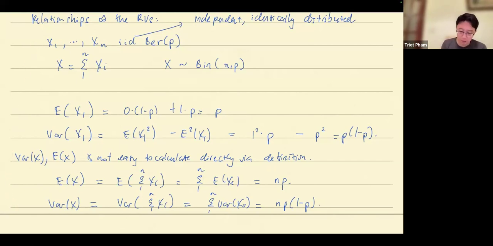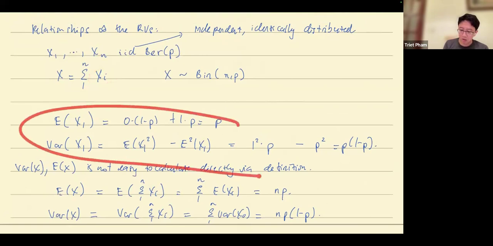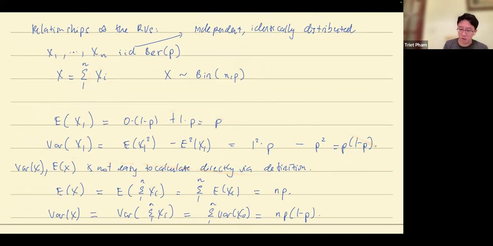And this approach is not only valid for this particular pair, it's valid for many, many cases. This is an example of something we call counting by indicator function. So basically, to work with a complex random variable, you break it down into smaller random variables that can be more easily handled in terms of calculation.